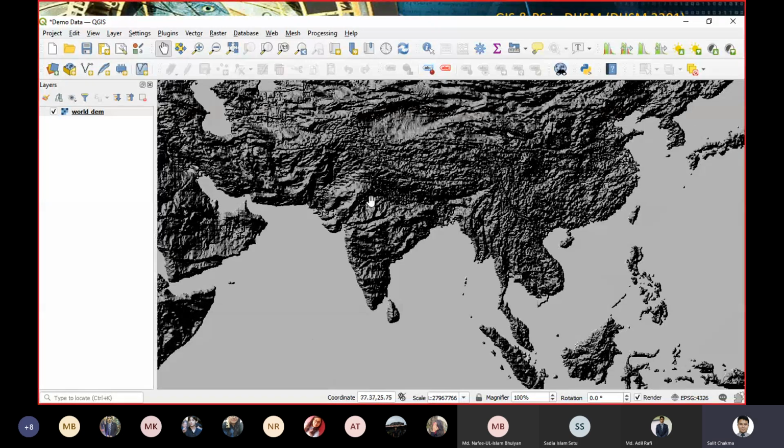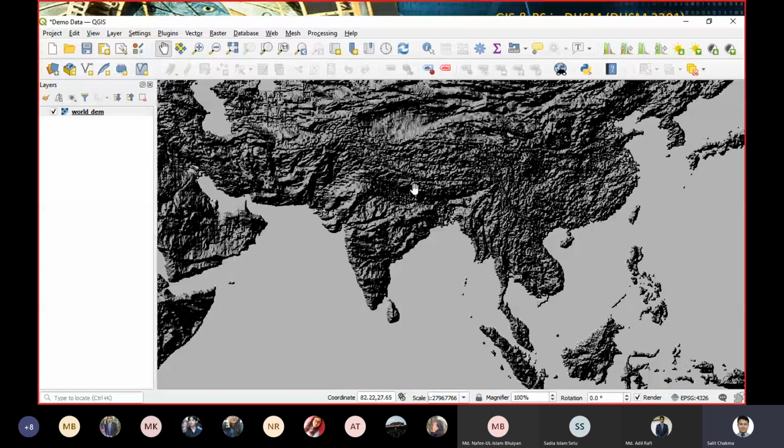Let me zoom out. So see, here you go. One continuous wall, another continuous wall, and the rainfall is falling on all these regions. It goes through this channel, and this channel has only one gate or one way to release all the water into the sea, and that's Bangladesh.